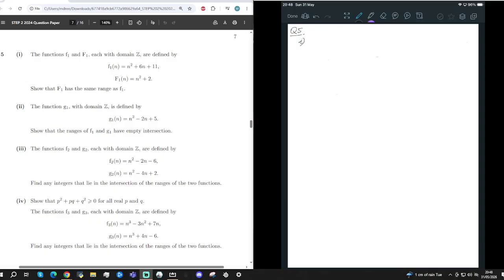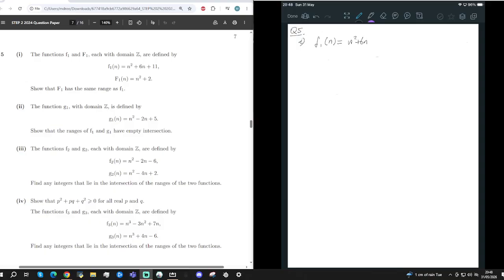We have our two functions, little f1 and capital F1, and we want to show they have the same range. Now, you may have noticed straight away, but there's something clever we can do with f1.